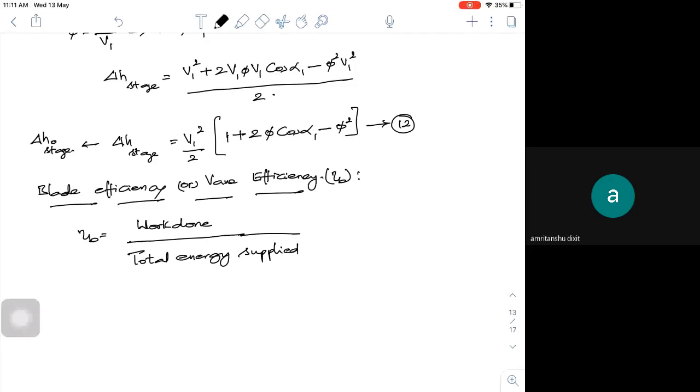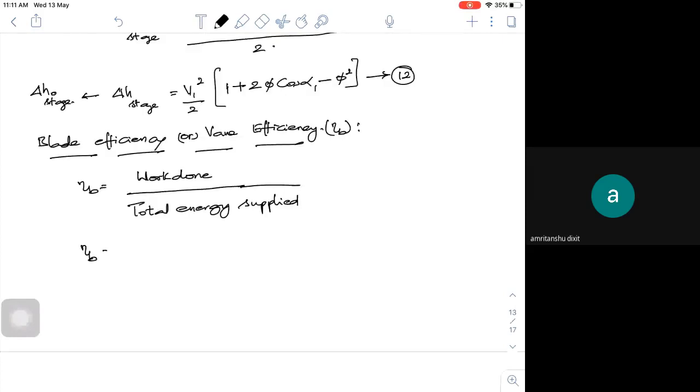Or I can write your blade efficiency is equal to W divided by delta H stage, or work done divided by delta H naught stage. I am calling that equation number 3. Already we have derived the expression for work done and for delta H. Let's substitute for this.